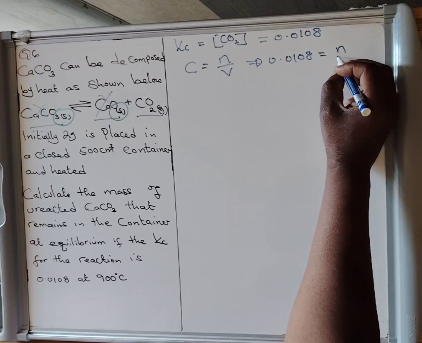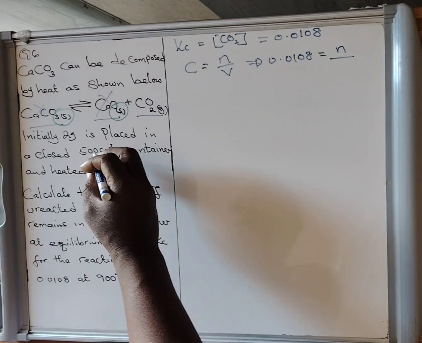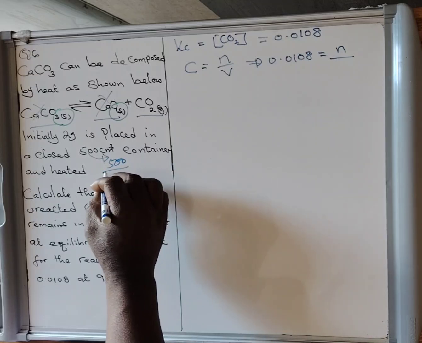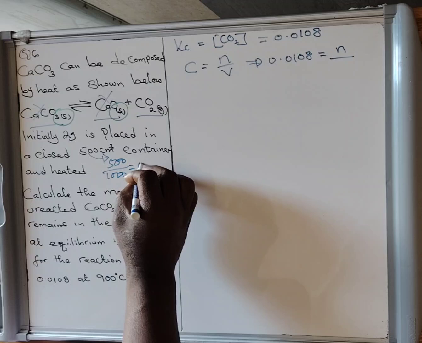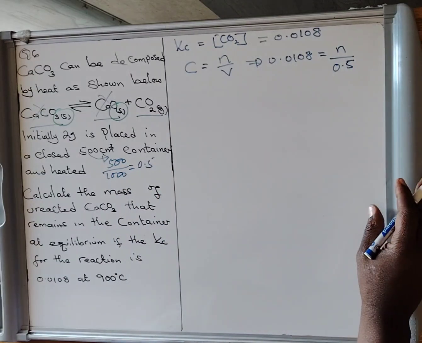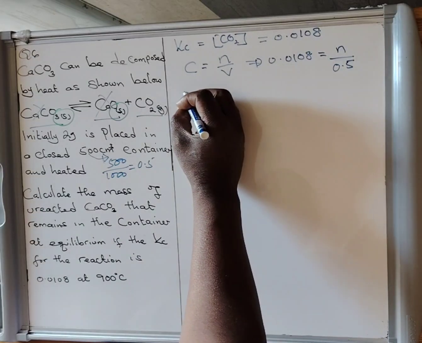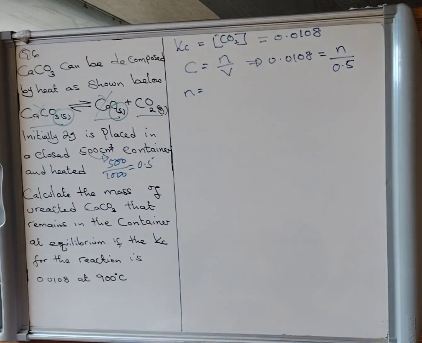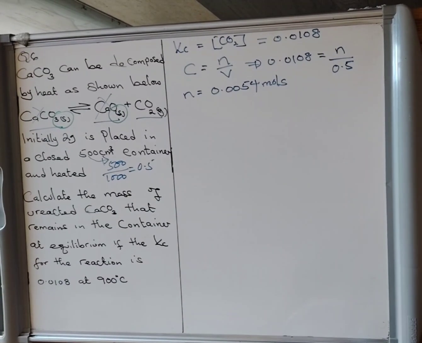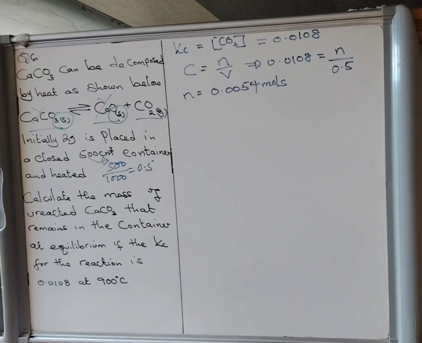Our number of moles is needed, and the volume is 500 over 1000, giving you 0.5 cubic decimeter there. So from here, we're going to have our number of moles. So we now have the number of moles of carbon dioxide, which was formed, because carbon dioxide is a product.